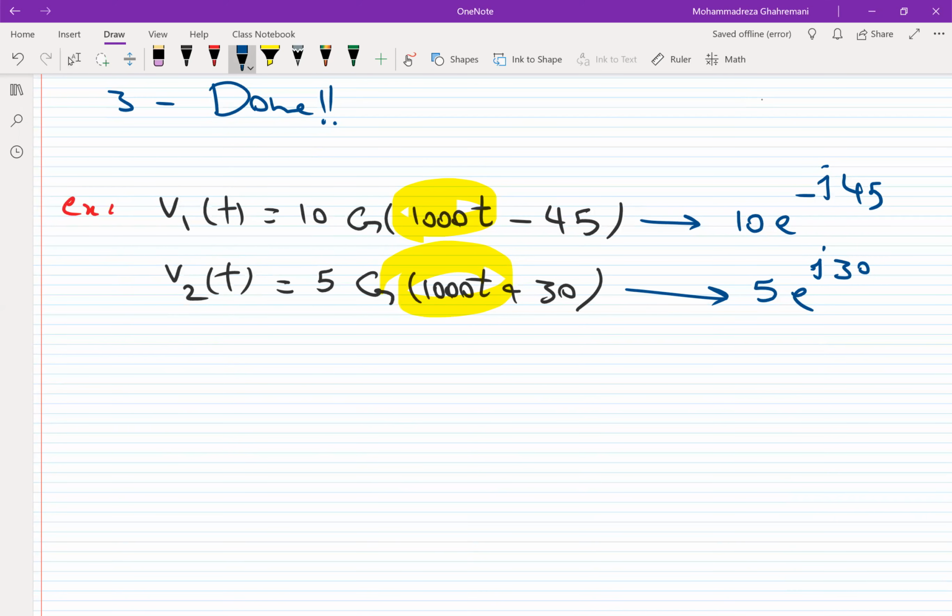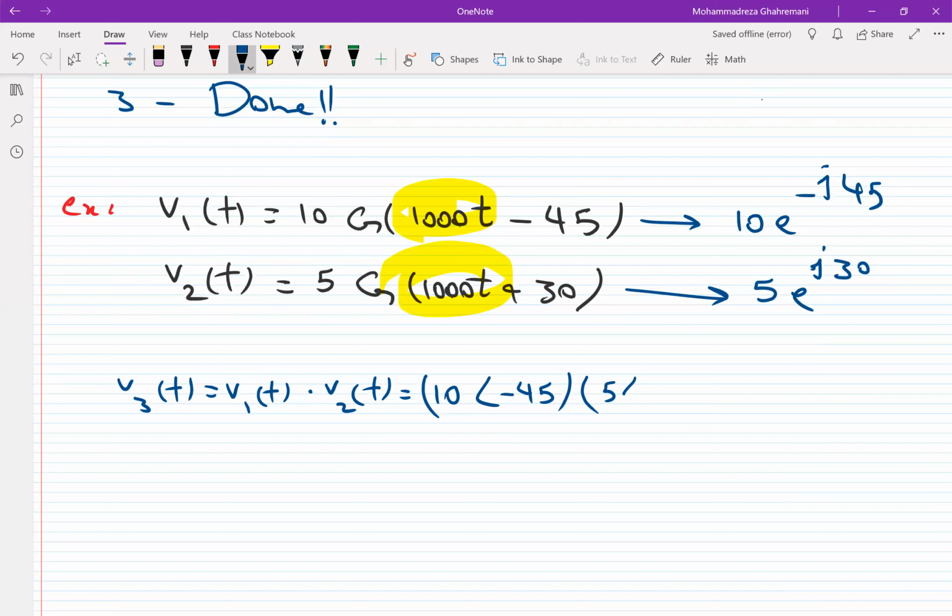So V3 of t, which is equal to V1 of t times V2 of t, is equal to 10 with the angle of negative 45 times 5 with the angle of 30.